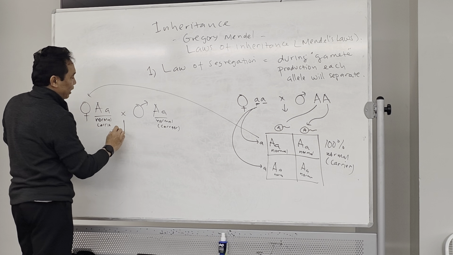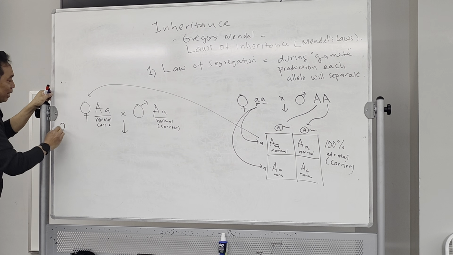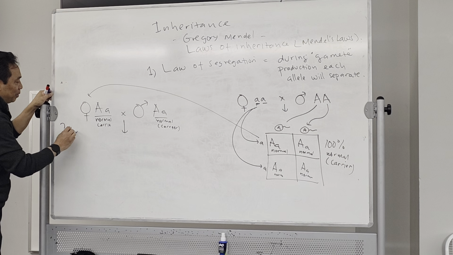Now what are the children going to be? The probability of children. In the exam, maybe it's asking you what is the probability of the children being albino, for example.